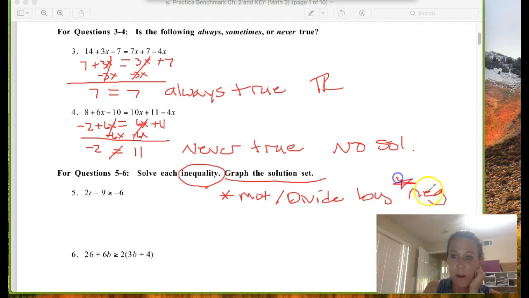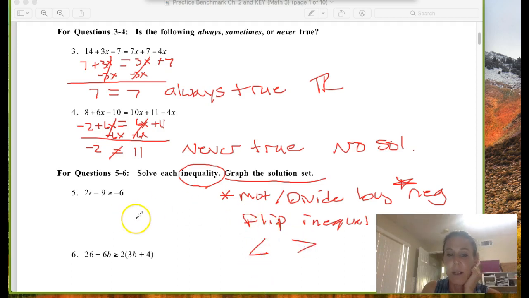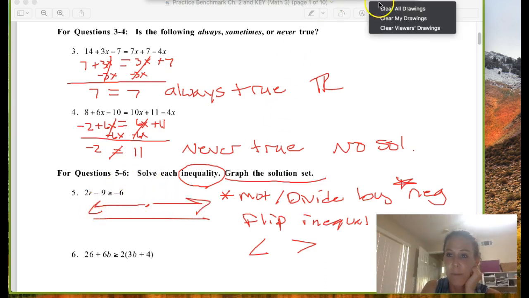If you multiply or divide by a negative value, you must flip the sign. Flip the inequality. So if it's this way, it would go this way, okay? And that's because on a number line, if you're heading this direction and you multiply by a negative, it flips your direction, all right?